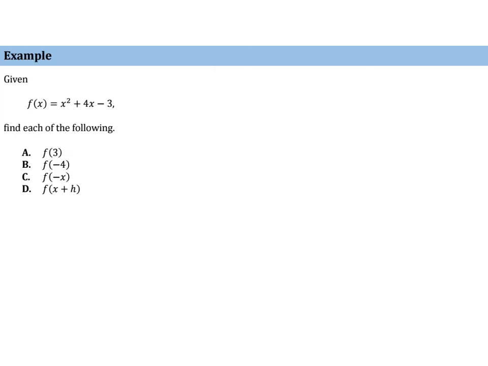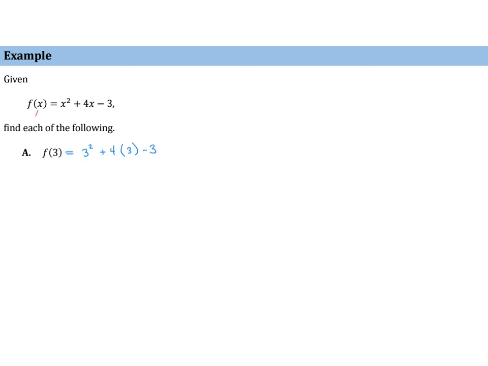So let's take a look at f of x equals x squared plus 4x minus 3, and we are going to evaluate that function at various x values. So let's look at f of 3. So f of 3 will equal 3 squared plus 4 times 3 minus 3.